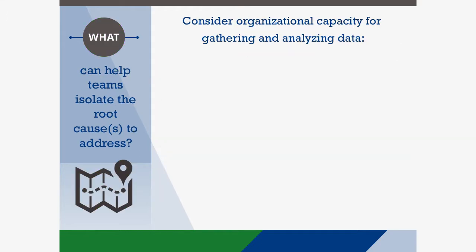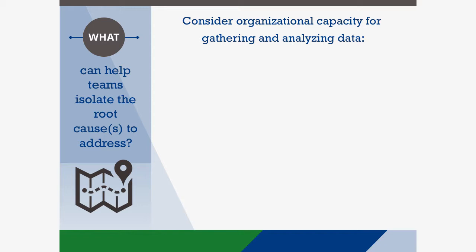While conducting deeper problem exploration, it is useful to keep in mind 5 dimensions of organizational capacity, including organizational resources, infrastructure, knowledge and skills, culture and climate, and engagement and partnership. Some organizational capacity considerations reflect the processes of gathering and analyzing data, exploring the problem in depth, and identifying root causes.